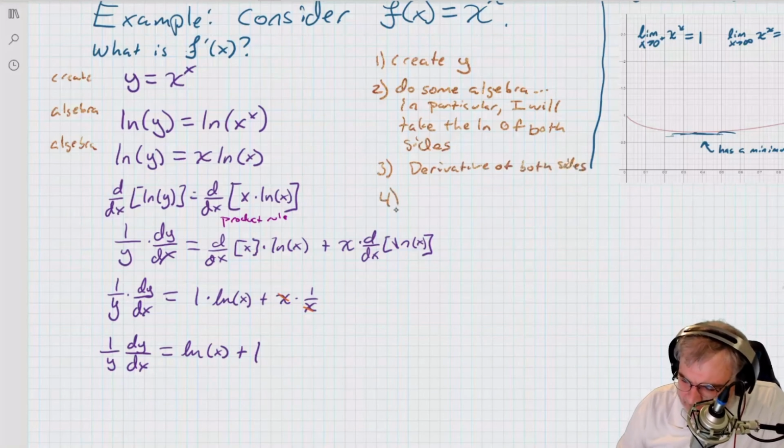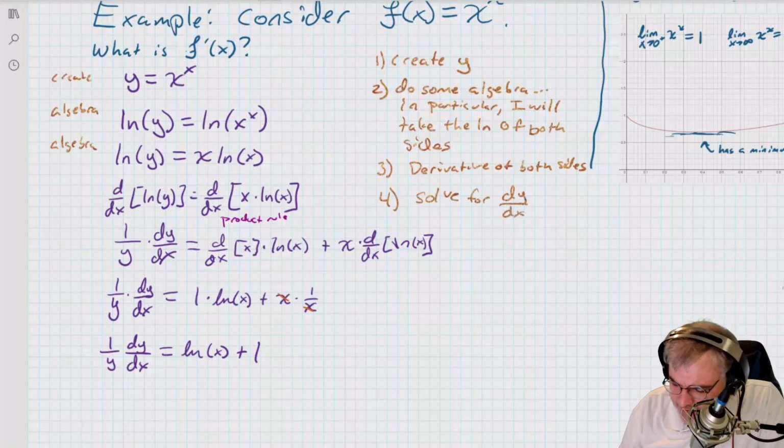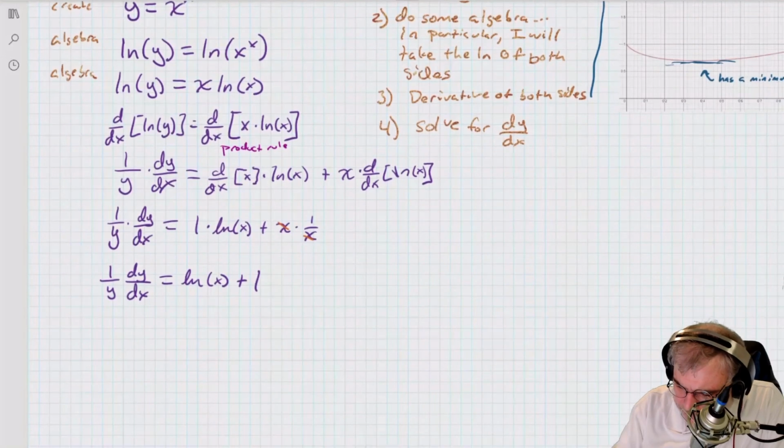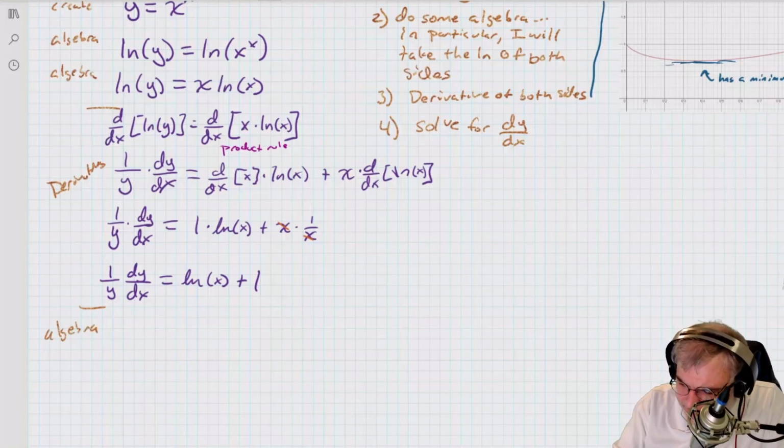The fourth step is to solve for dy over dx. Well, that's easy. I just multiply y by both sides. So now we're back in algebra land.